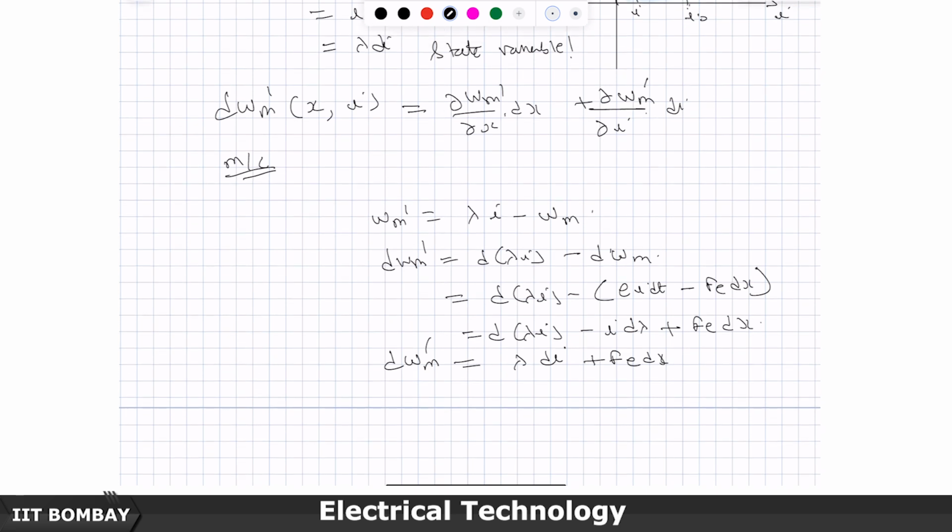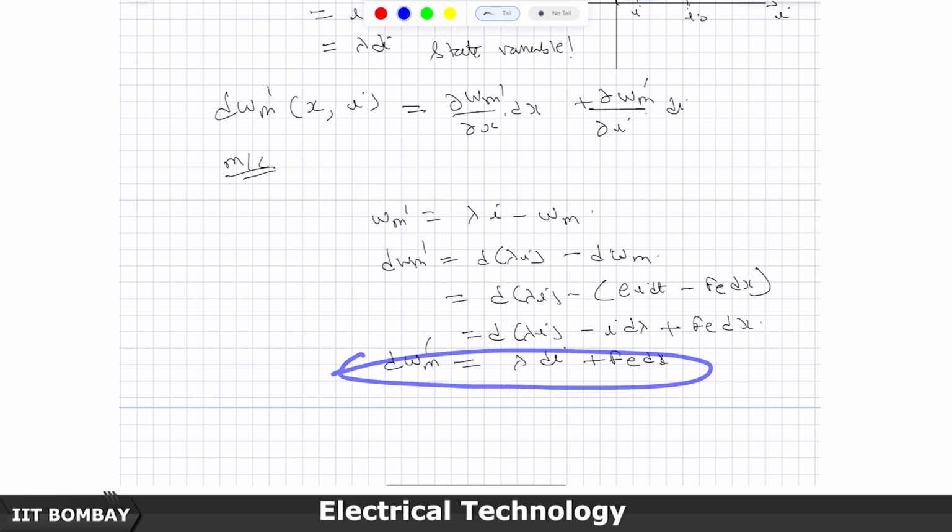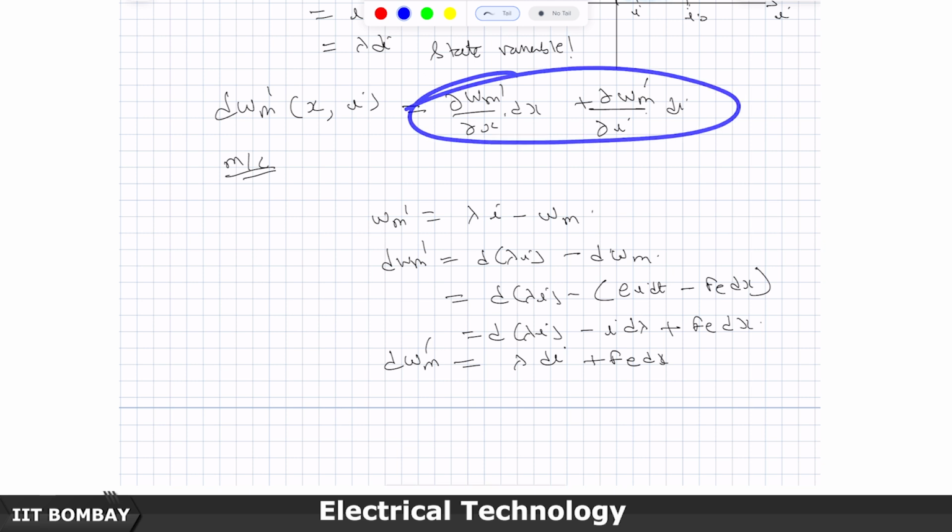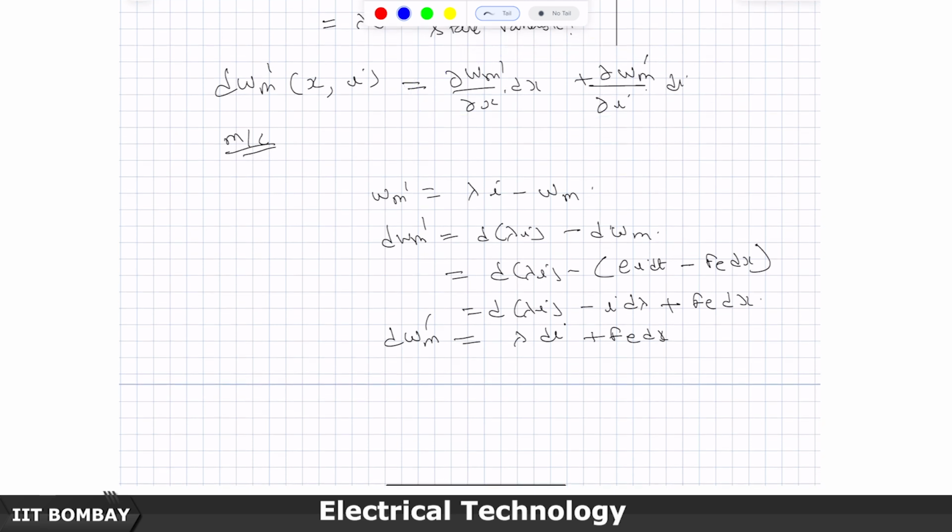There is a certain extent of repetition, but remember, the second time I go much faster over it because you have heard it before. So now when I equate this with this, I have to do the equating state variable to state variable.